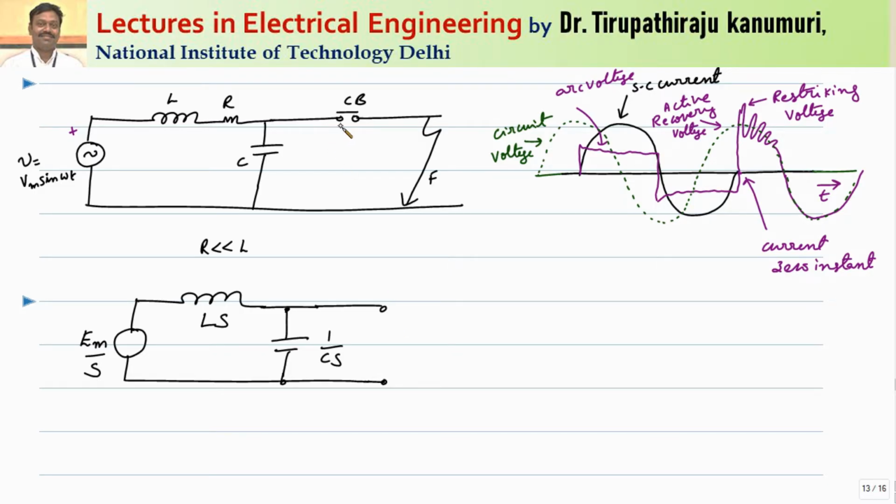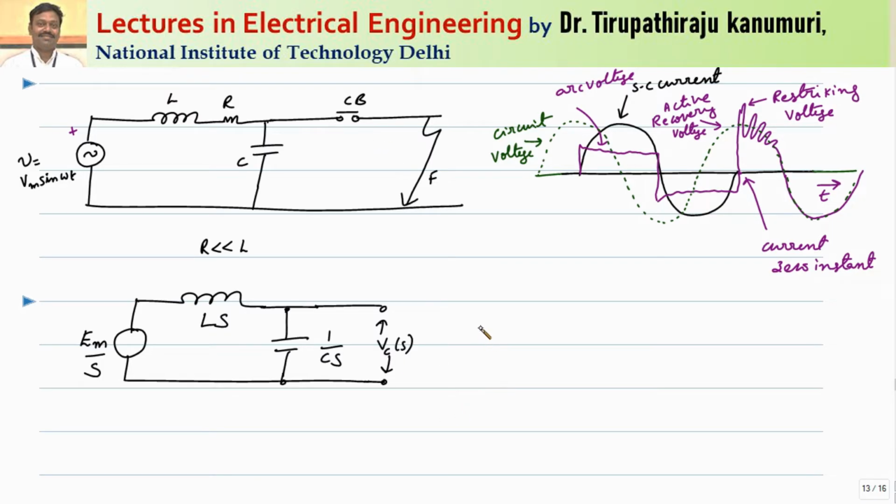Now at your circuit breaker contact, you can see one side is connected to one terminal of C, and the second side is connected to the second terminal of C. Agree with me? So the voltage across this circuit breaker I can represent as Vc(s). This is my voltage across your circuit breaker contacts.